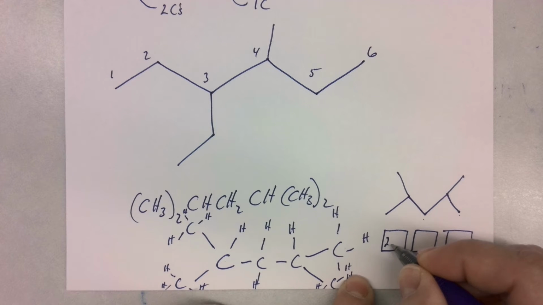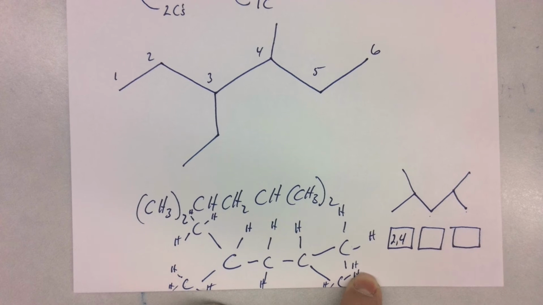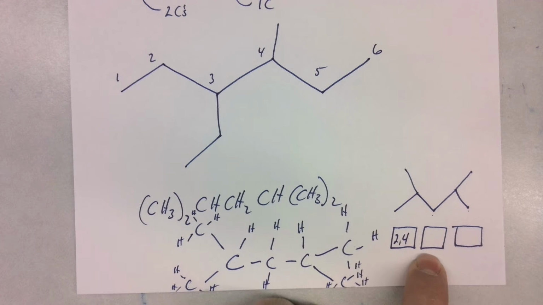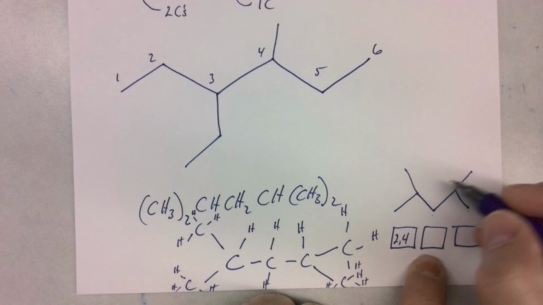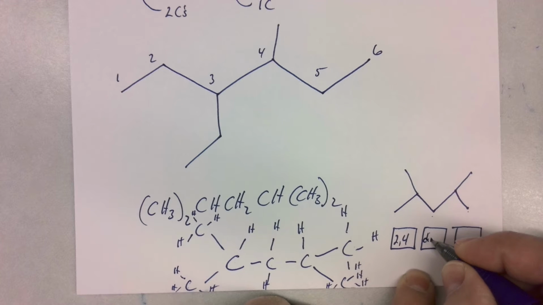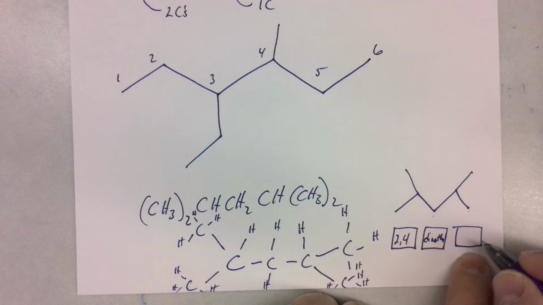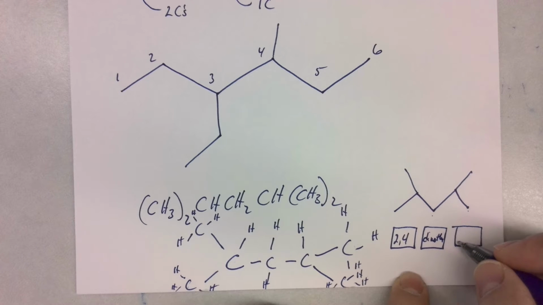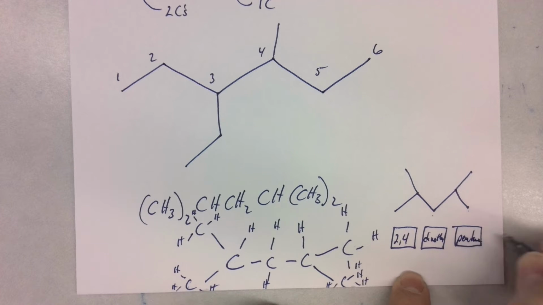So I got 2, 4, right? And then my next thing is going to be what? How many carbons are in each one of those branches? 1. So that makes it a what? Dimethyl. So I got dimethyl. And then my backbone is what? Pentane. Like that.